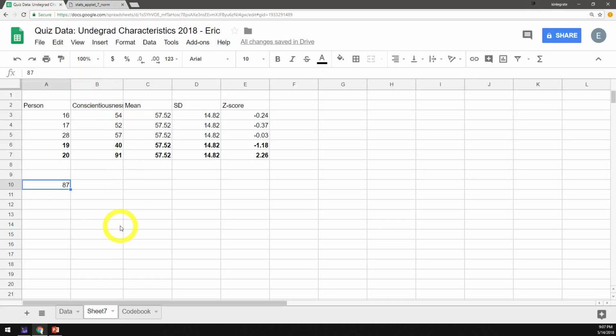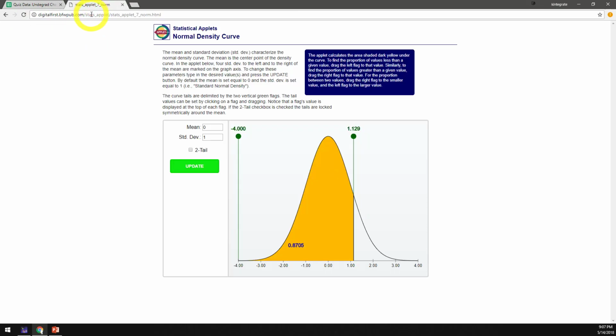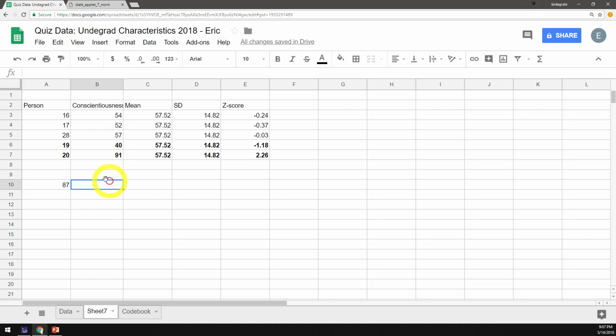So we're going to take the z-score of 1.129 and write that here: 87th percentile, z-score of 1.129.